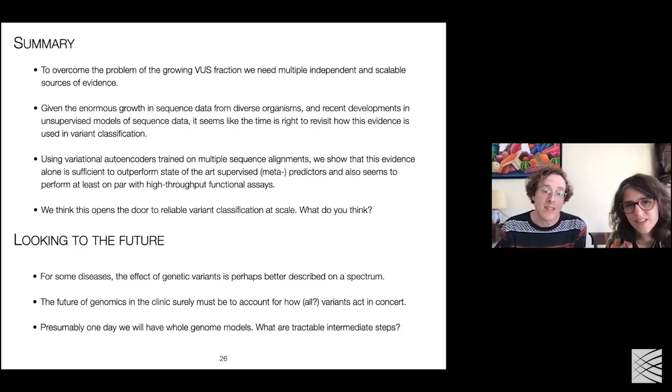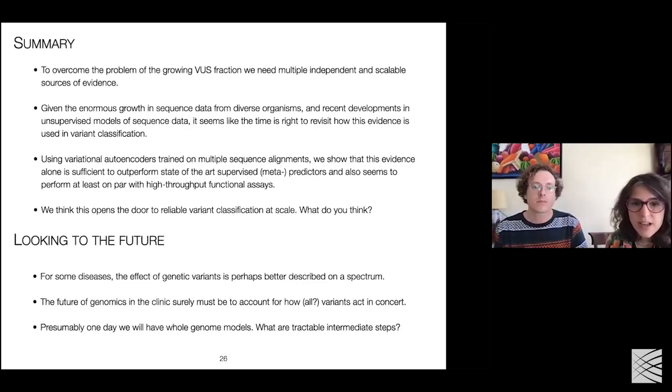And what's nice is that our model naturally provides a continuous score. So one thing we would like to do in the future is think how to make better use of this finer grained prediction process that we have. It's a shame that we take a continuous score and then coarse grain it. In a sense, it's a statement of the status of the field as it stands right now, that this is how clinical interpretation is available to a clinician interested in the effect of a given variant.